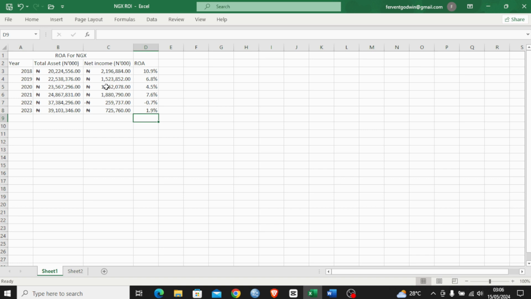The total asset is how much they have invested in the business and the company for that particular year, and the net income is the profit they made after tax, after the money spent in investment has been accounted for. This is from year 2018 to year 2023.